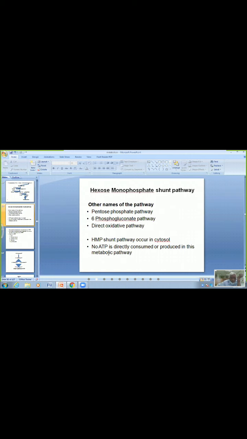Ribose is used for synthesis of nucleotides, nucleosides, and nucleic acids, that means DNA and RNA.